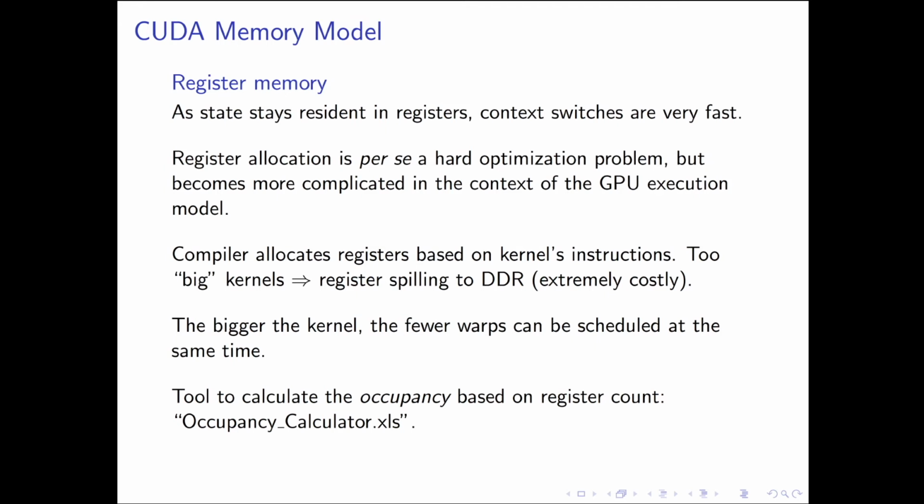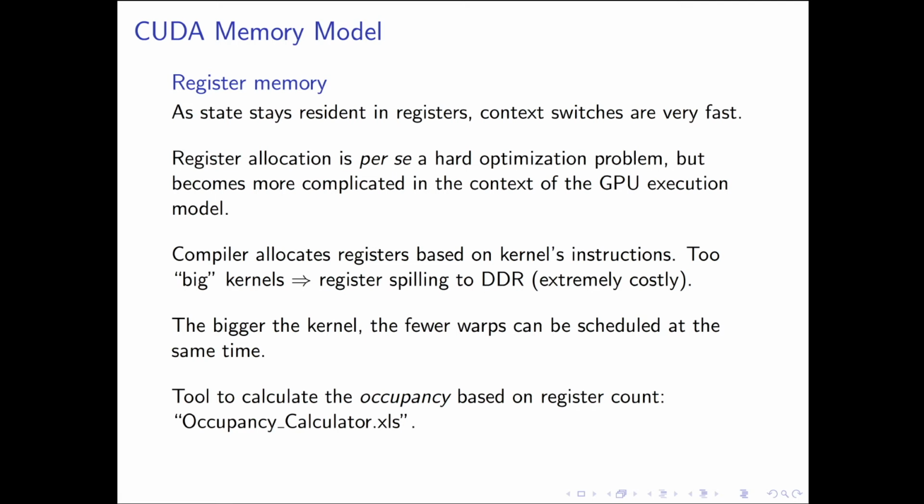Based on the register usage of the kernel, we try to figure out what the best block size is for the warp scheduler to optimally schedule the block on the shader multiprocessors. The block size will determine how many warps can be scheduled at once when processing that block.